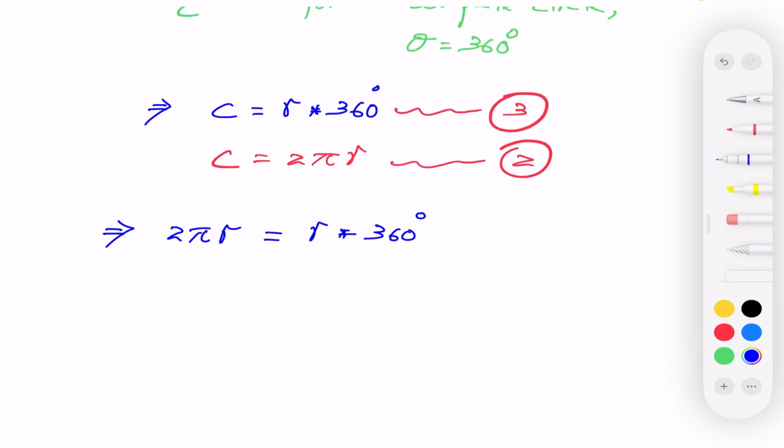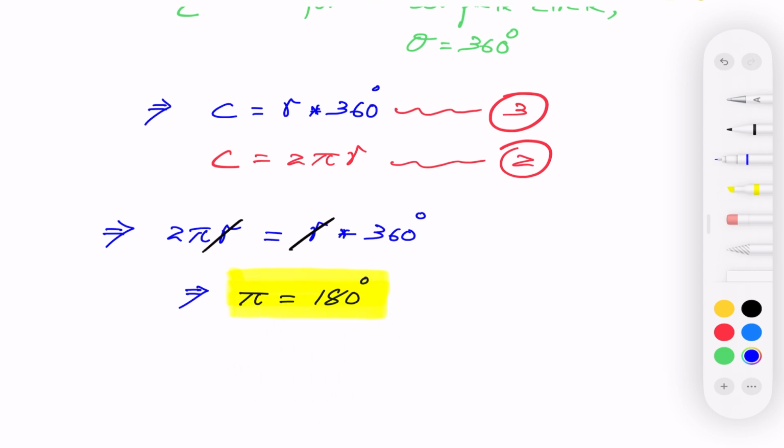Now I can divide both sides by r, and also I can divide both sides by 2. Then I get pi being equal to 180 degrees. All right, now we have a nice relationship. Pi is equal to 180 degrees.